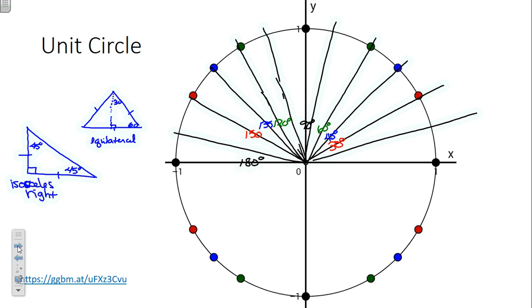Okay. We add not 15 but 30 onto 180, and then we add another 15 onto 210, and another 15 onto 225.